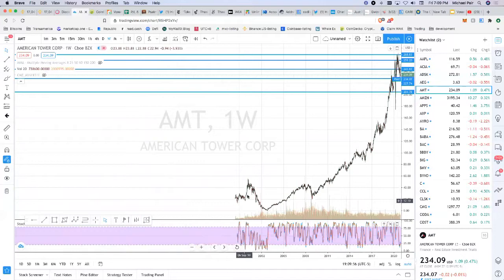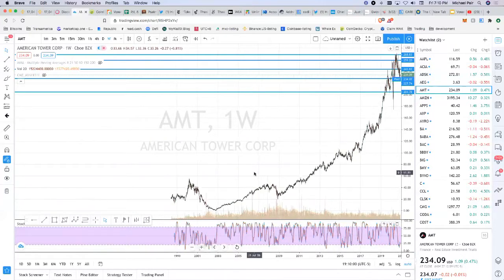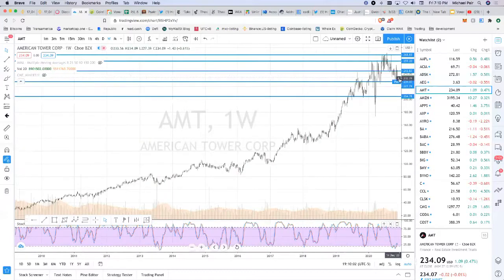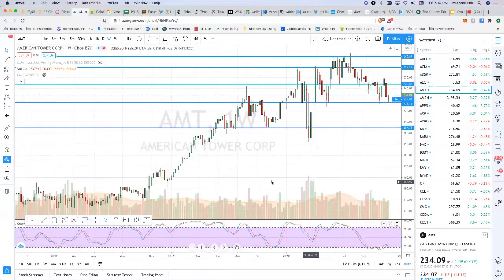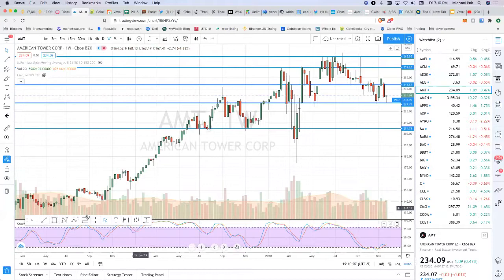So you can see it goes back to 1999. But adjusted price like $20 all the way to 234, right? So this is as of 2019, right? So you can just see in my blue lines, just support and resistance. We've covered that in some previous ones.